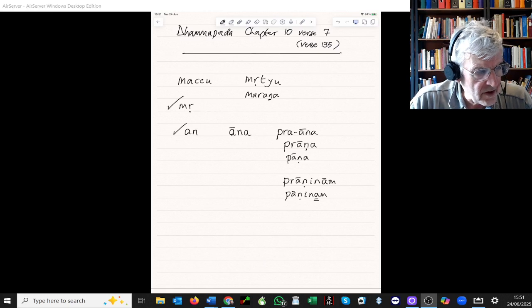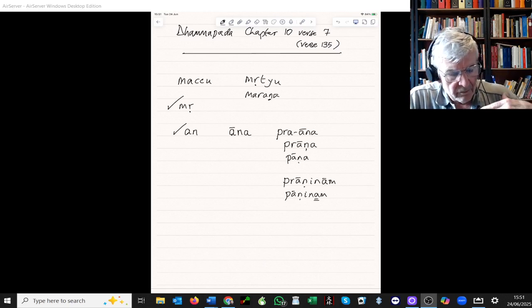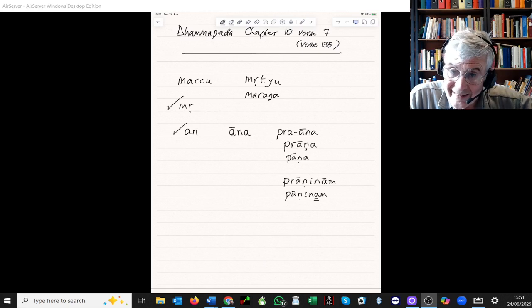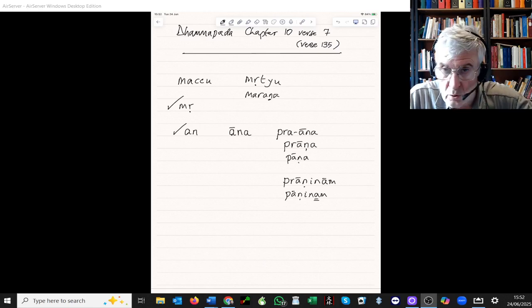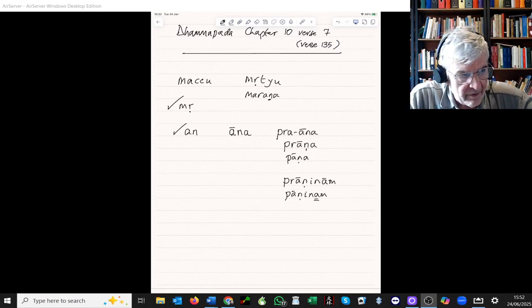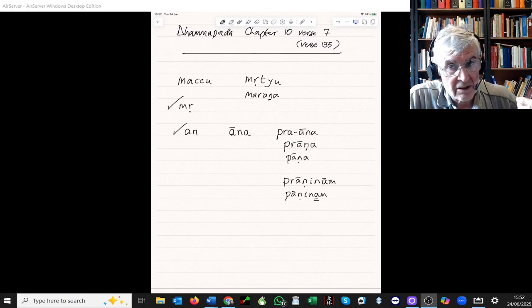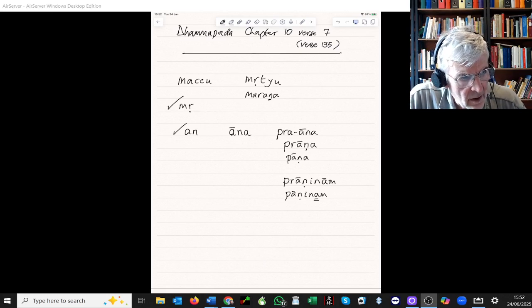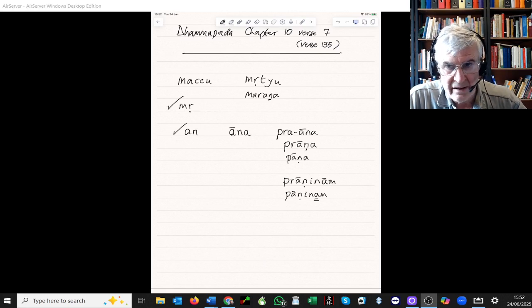So this verse is saying that just as the cowherd, gopalo, drives the cows, gavo pajeti, gocharam, to their pasture, dandena, with a stick, evam, in that same way, jaracha machucha, both old age and death, ayum pajenti paninam, pajenti, they drive.